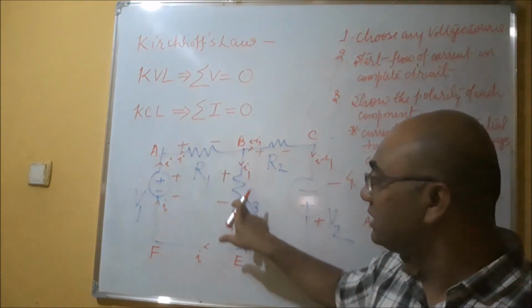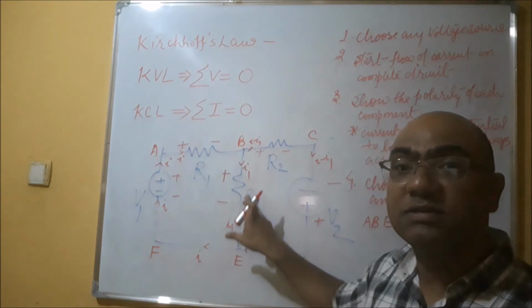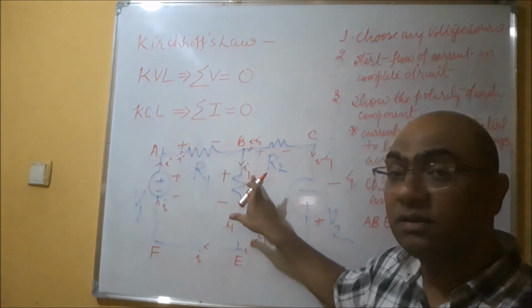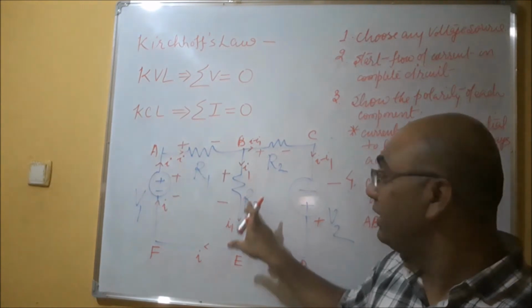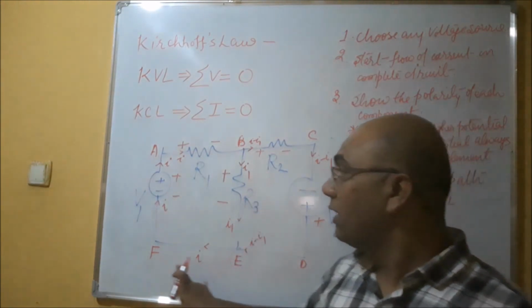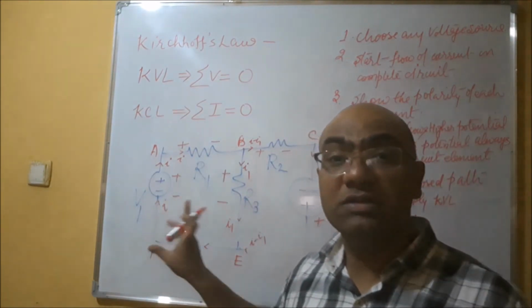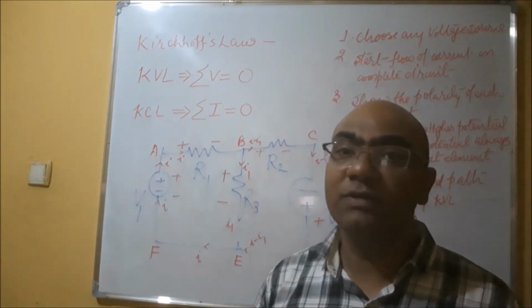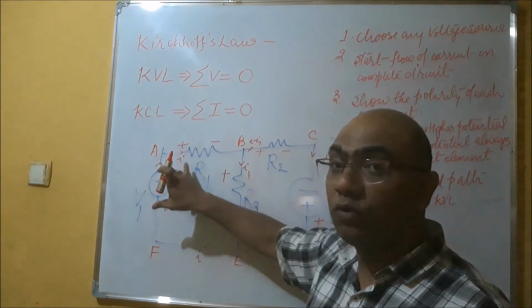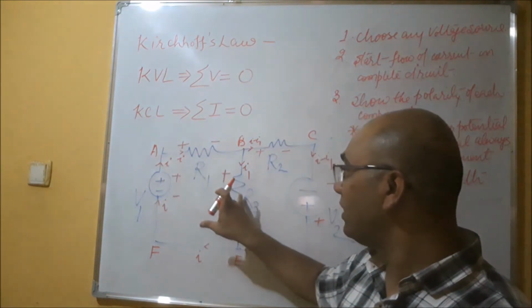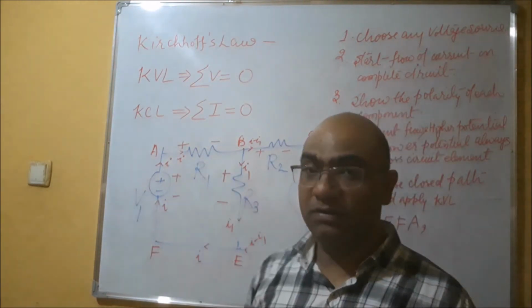Similarly, the voltage across resistance R3, the current is I1, so I1 into R3. And here, obviously, the voltage is the value of the given voltage source V1. So the voltages are IR1, I1R3 and V1.